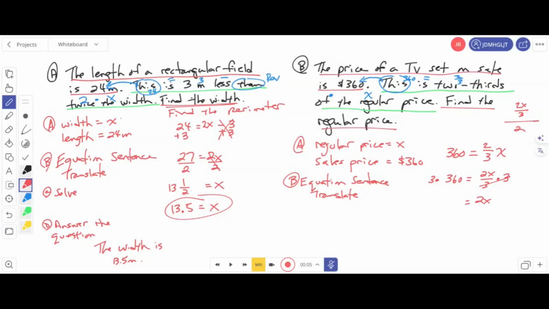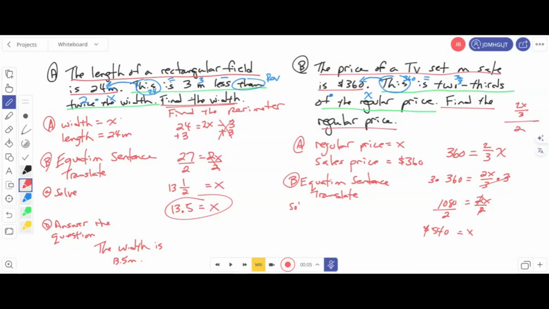360 times 3 is 1080. Now we can divide by 2, divide by 2. 1080 divided by 2 is 540.